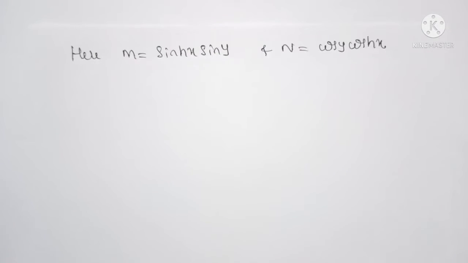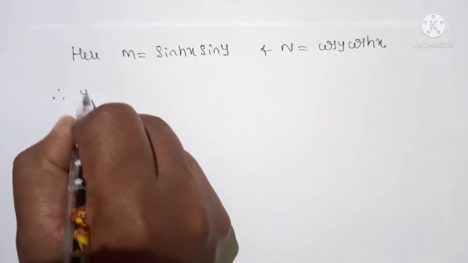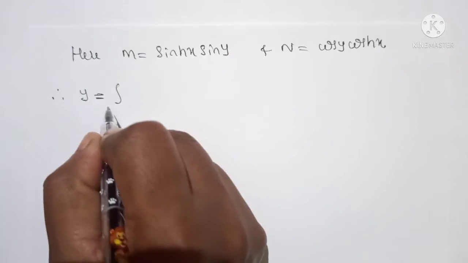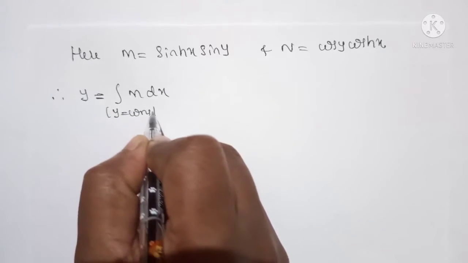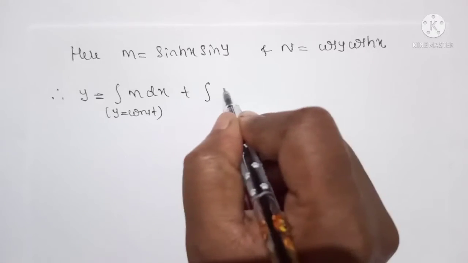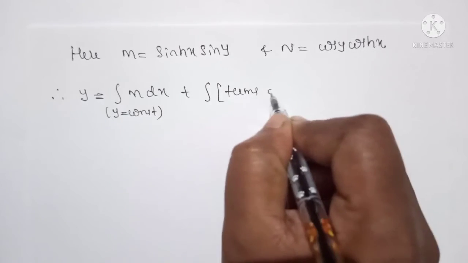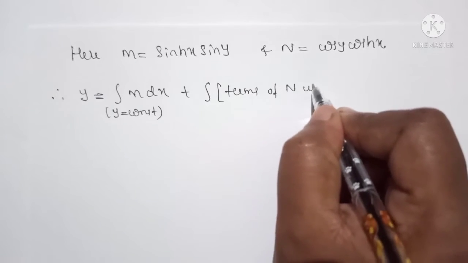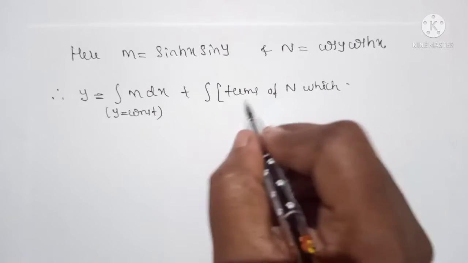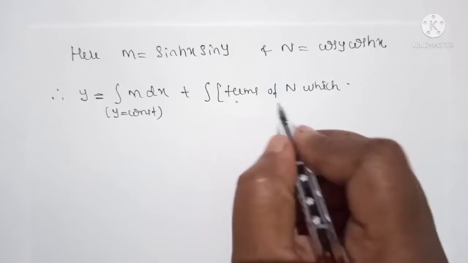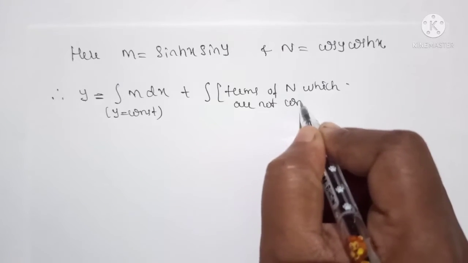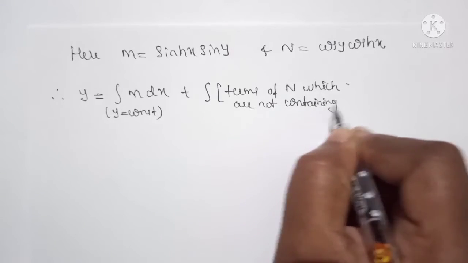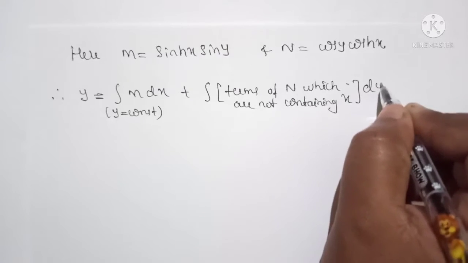Now we use the formula for the exact equation, that is v equals the integration of m dx, treating y constant, plus the integration of terms of n which do not contain x, with respect to dy.